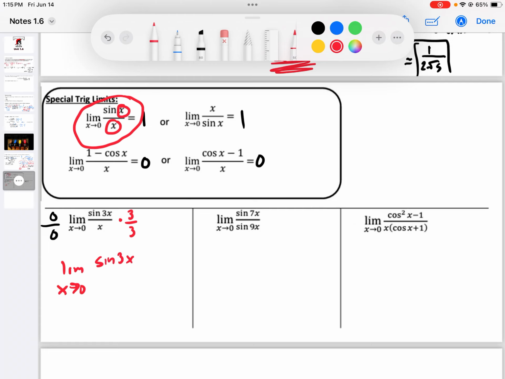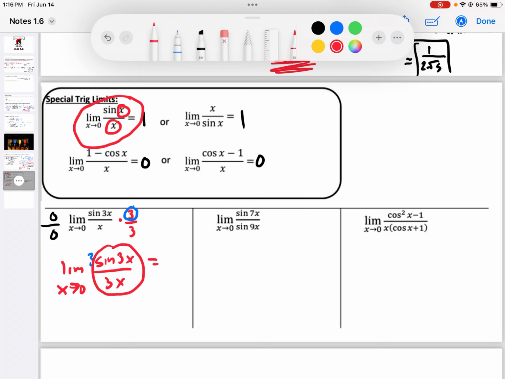So now I have 3 sine 3x on top. This blue 3 in front was that one. And on the bottom, now I have 3x. All right, so this is just 1. I'm going to rewrite it: the limit as x approaches 0 of, basically, two separate limits, though I'm not going to write it that way.